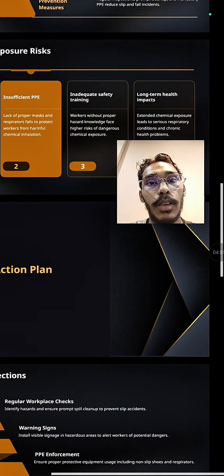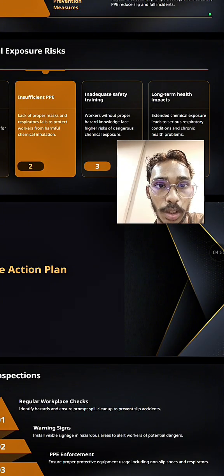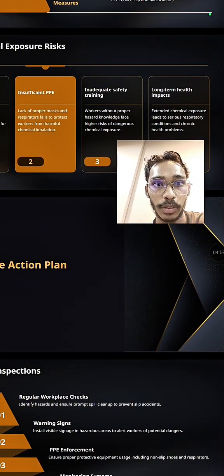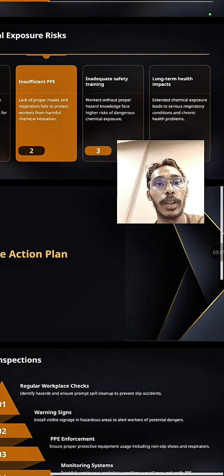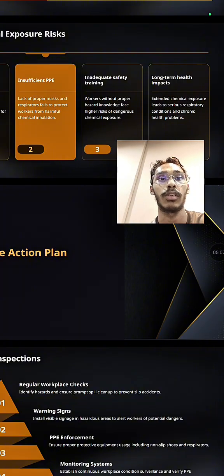Then the third one is inadequate safety training. Workers without proper hazard knowledge face higher risk of dangerous chemical exposure. And the last one is long-term health impacts. Extended chemical exposure leads to serious respiratory conditions and health problems.